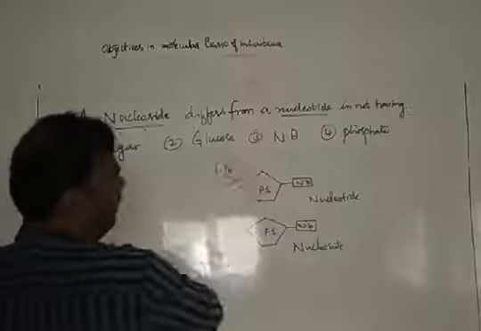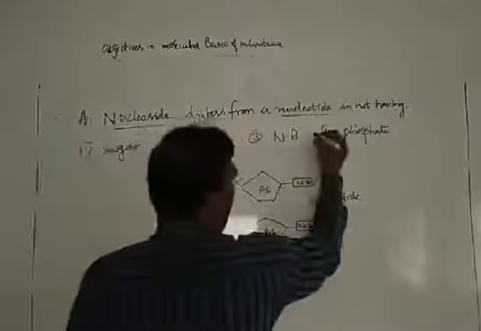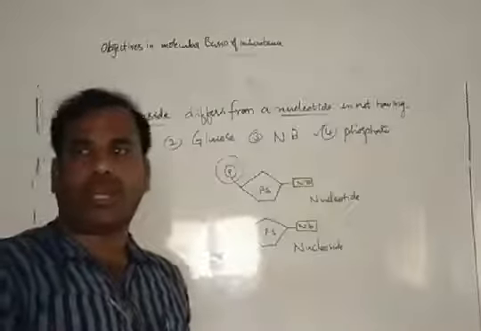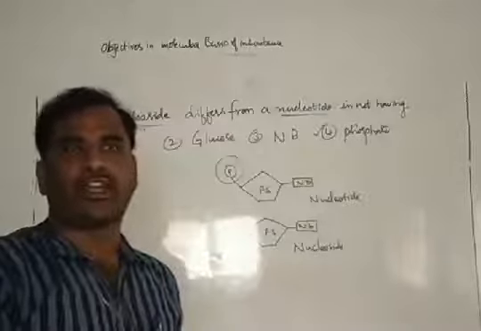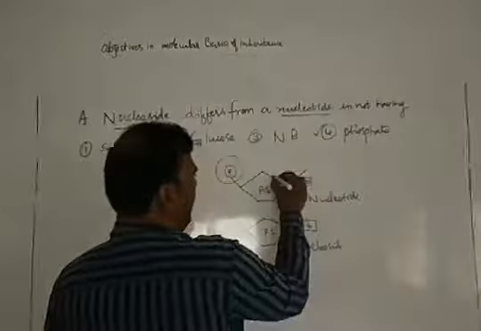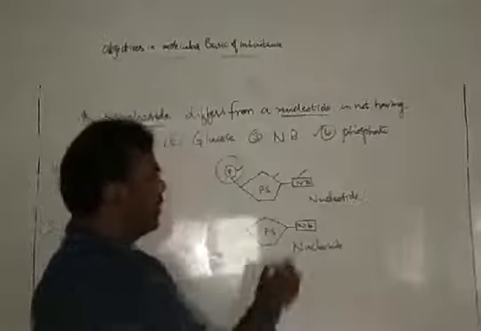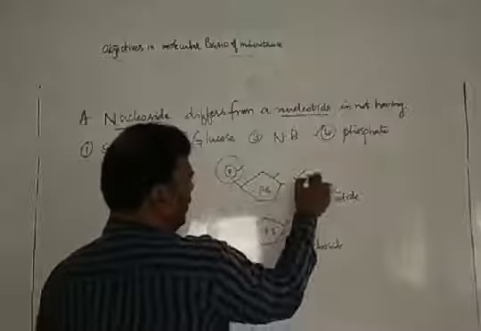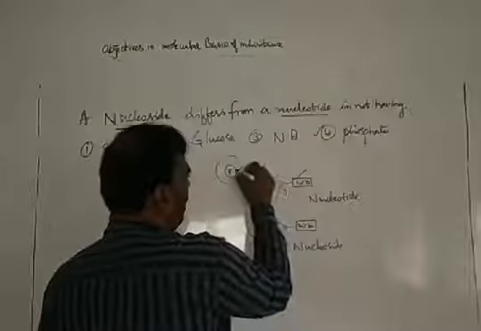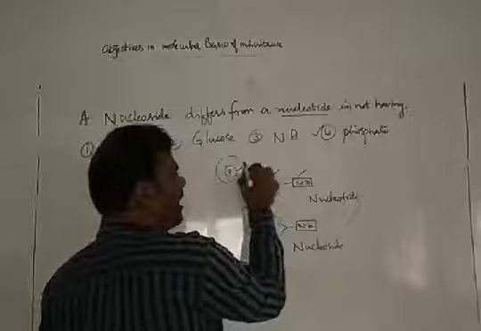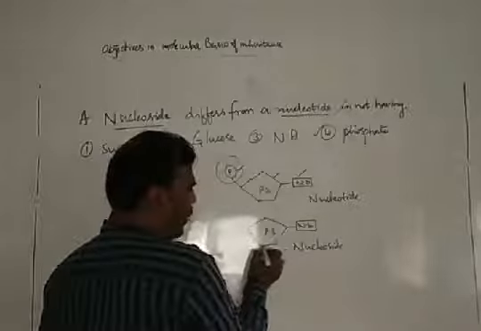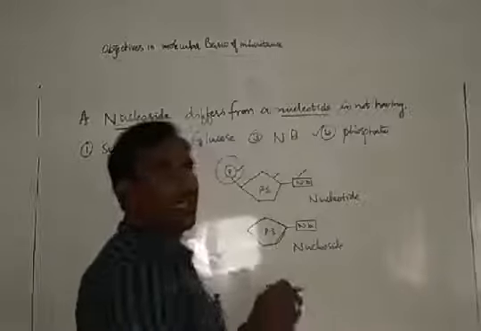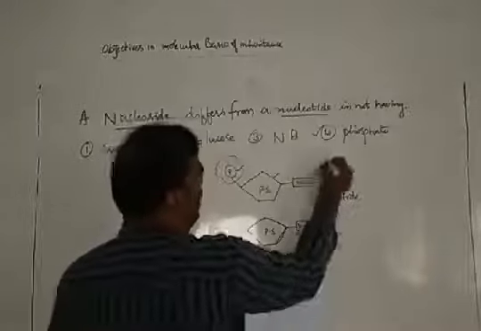So the answer is the fourth option. Between the nitrogen base and pentose sugar there is an N-glycosidic bond, and the nucleotide has a bond with the phosphate by an ester bond. So the answer is phosphate.